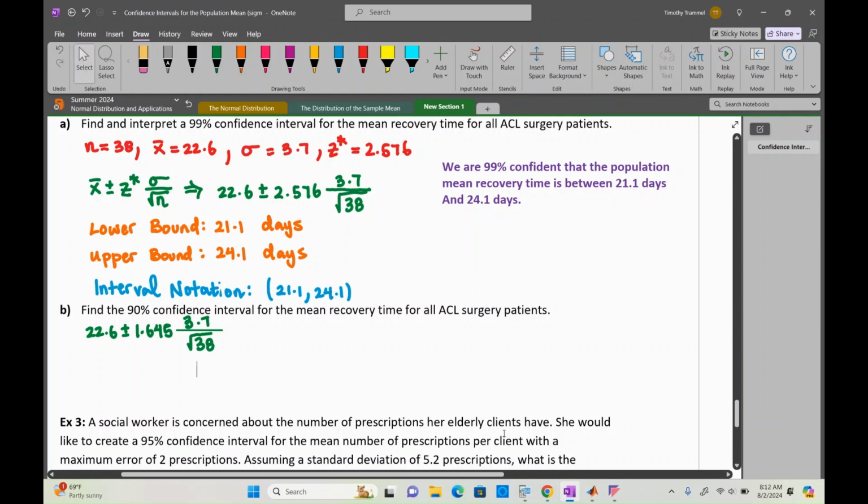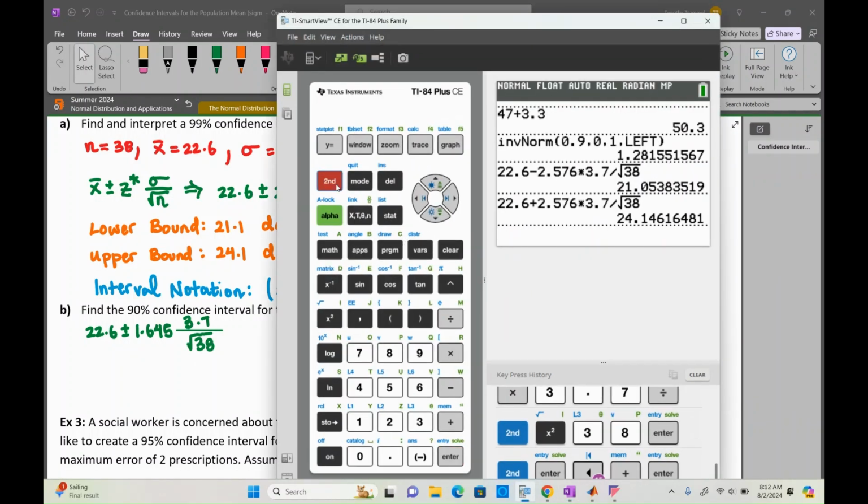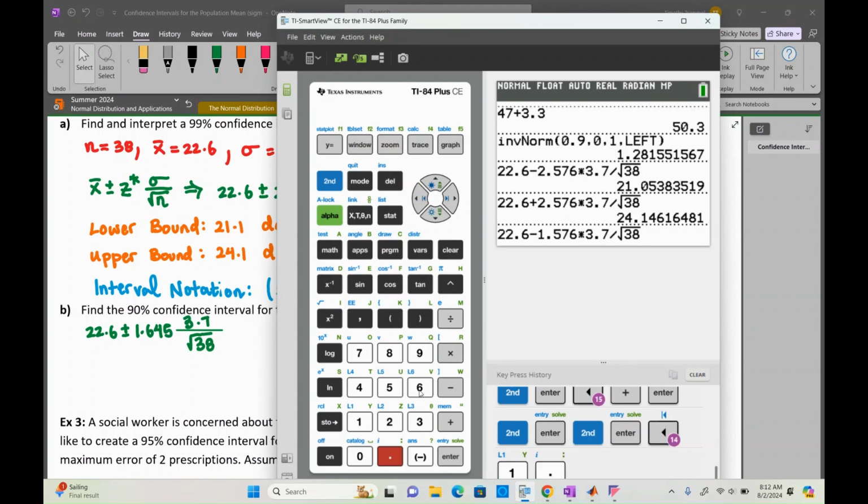All right, so let's go ahead and get the calculator out so that we can plug this in. So what I might do is go take one of the original ones that I plugged in here and just change the Z star value. So this is 1.645. Let me just make sure everything else looks good there. Okay.